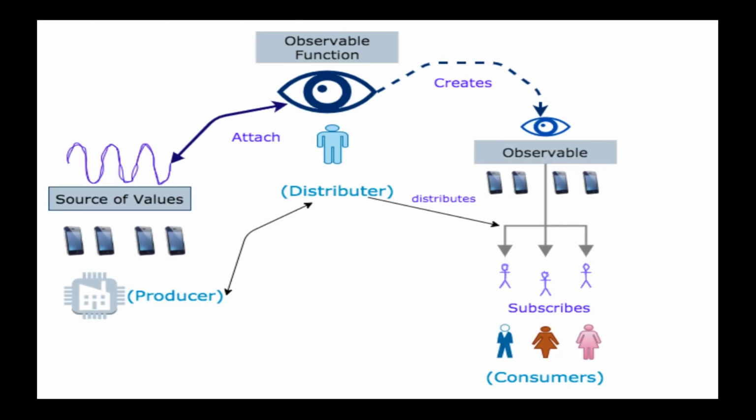So here the source of values is similar to our producer who produces iPhones, and then these iPhones are distributed by the distributor. So the distributor and producer are always in sync. Whenever a new set of iPhones comes into the market, the producer provides to the distributor and the distributor distributes. And further, subscribers, we can consider a subscriber in this example as consumers.